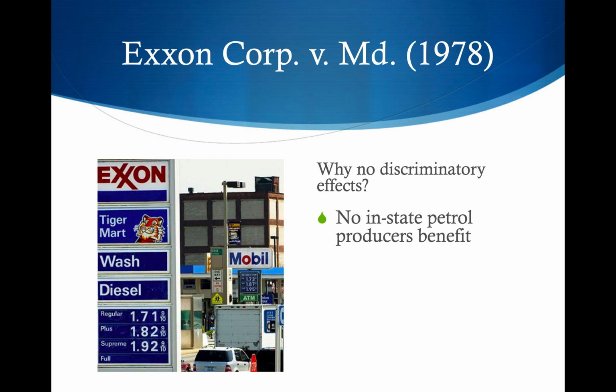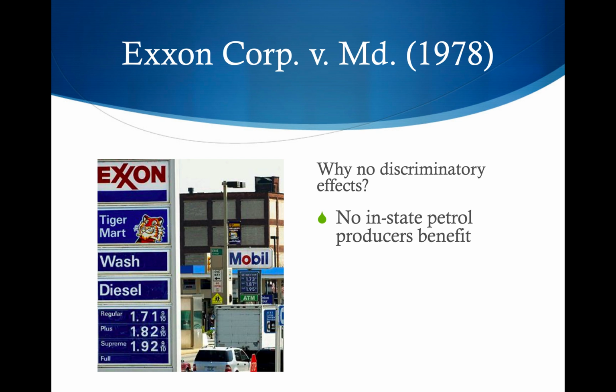So there isn't an Exxon that is somehow benefited from this statute that is within the state of Maryland. Right. So plainly, the Maryland statute does not discriminate against interstate goods, nor does it favor local producers and refiners, because there aren't any in the state that would benefit from the law.